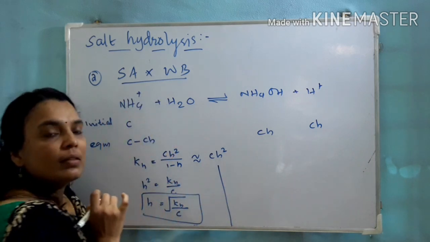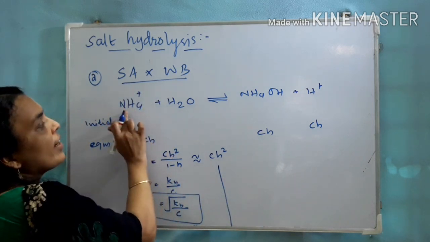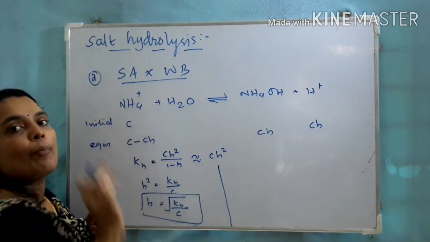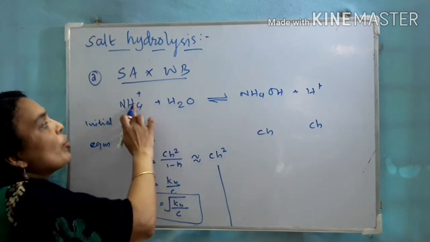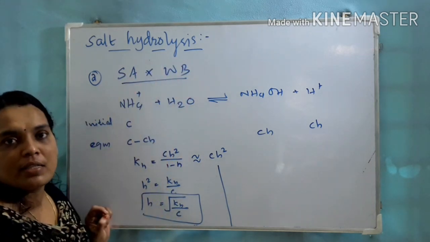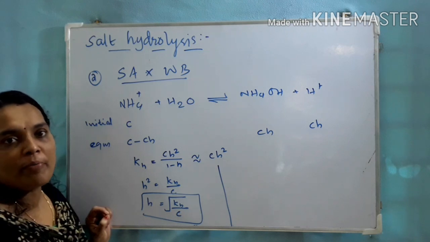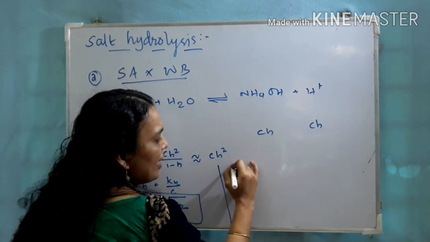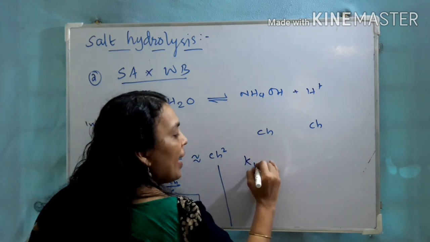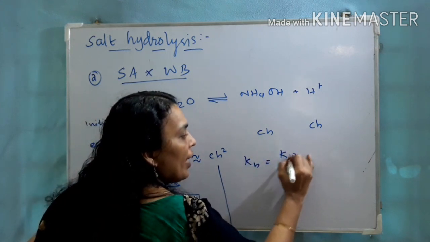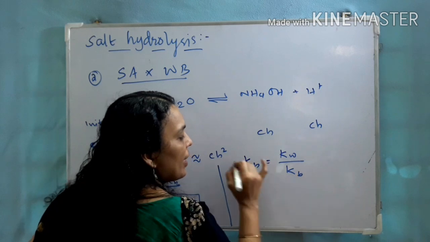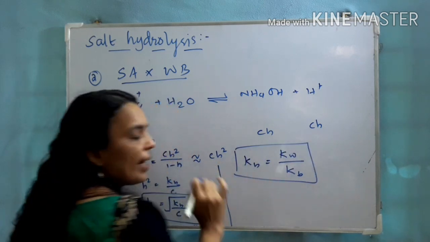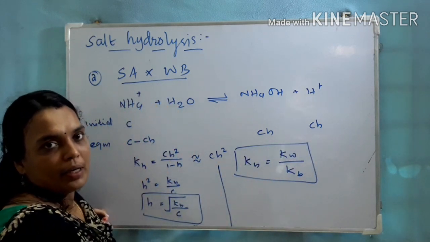Now listen. Here we are discussing the hydrolysis due to this ammonium ion, that is, ammonium ion coming from a weak base. So we have Kb. There is a relation, Kh is equal to Kw by Kb.